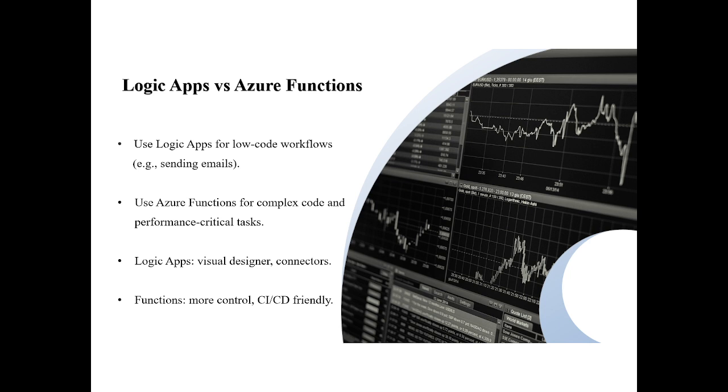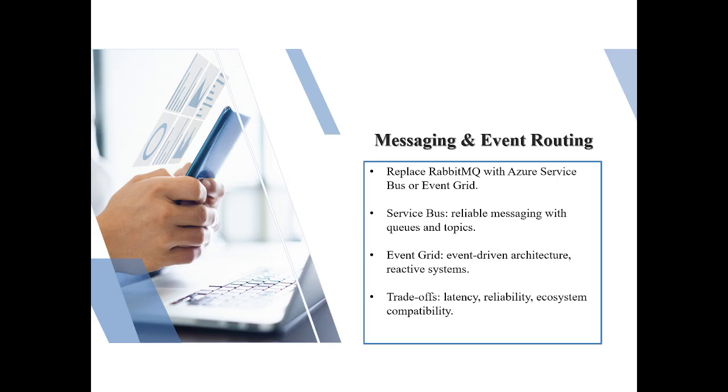Then the next slide, messaging, events, and routing. Replace RabbitMQ with Azure services like Service Bus or Event Grid. Instead of RabbitMQ, we can use Azure Service Bus or Event Grid.